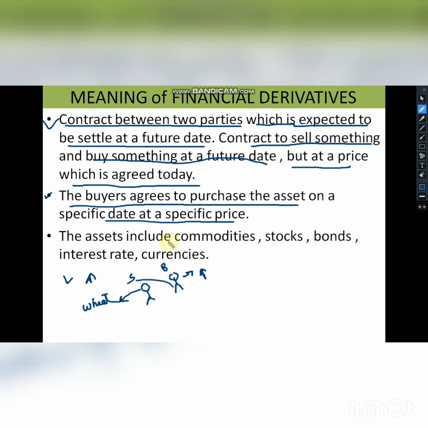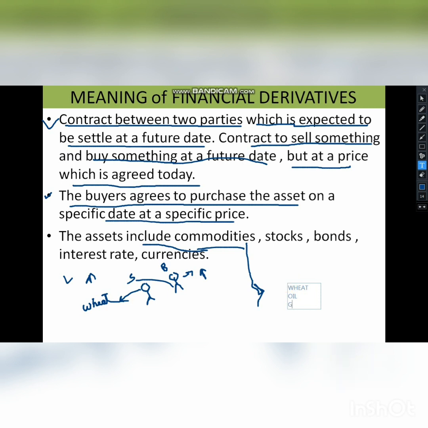Now the question is, what can be a commodity in this contract? The commodities could be wheat, oil, or gold.